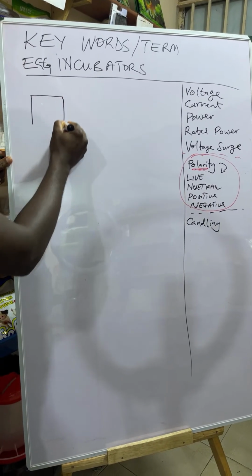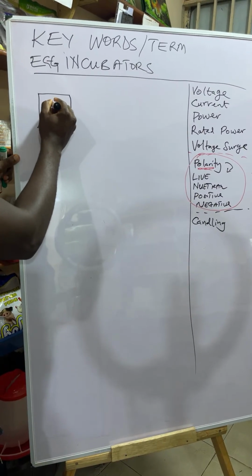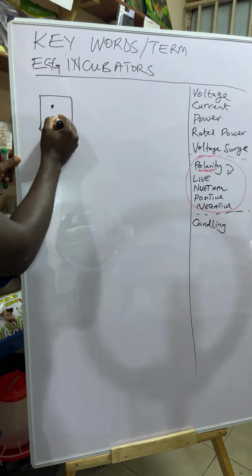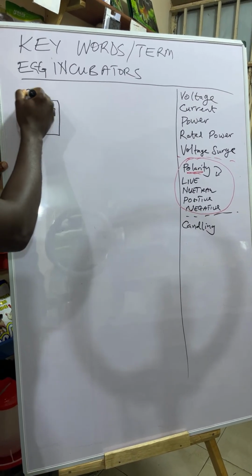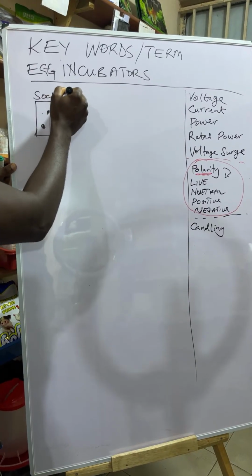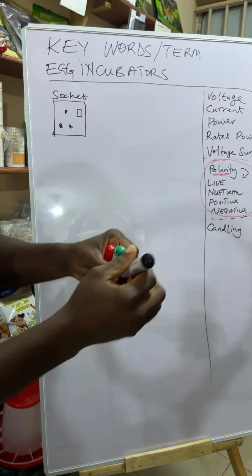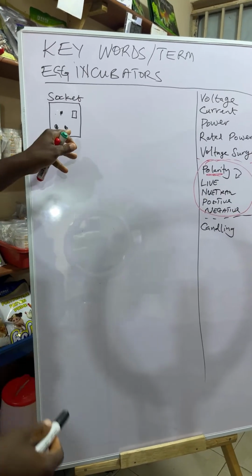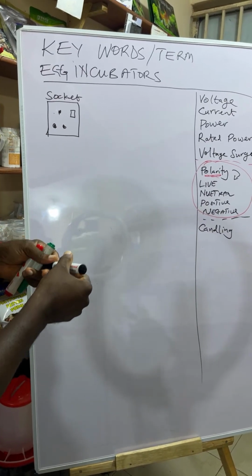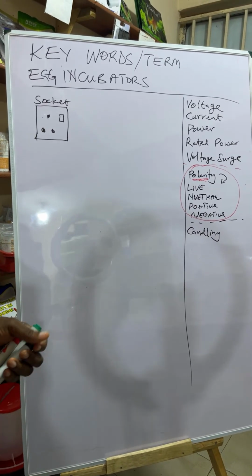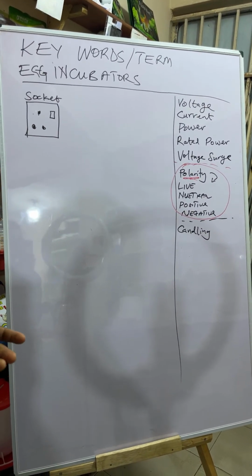If I say power socket, I mean that thing on your wall that has the three holes and the switch. What comes out of it to power your equipment is the voltage.